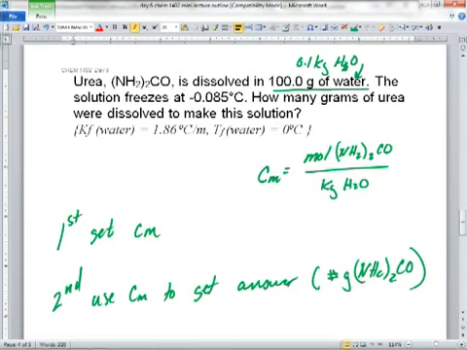You see how to do it? How do you get CM? Make sure you pick the right delta T equation. It's going to be the delta TF one.